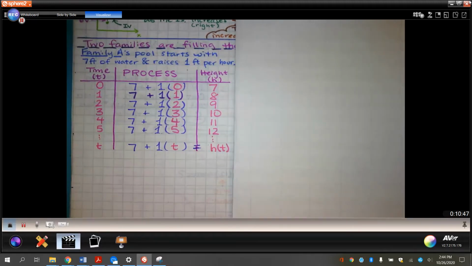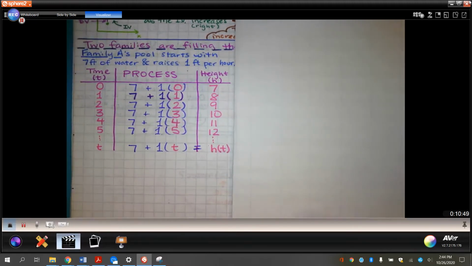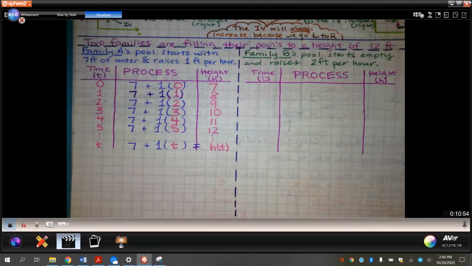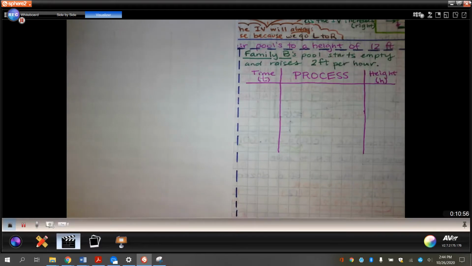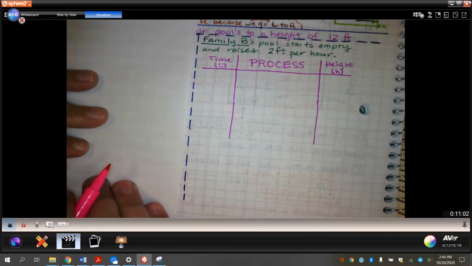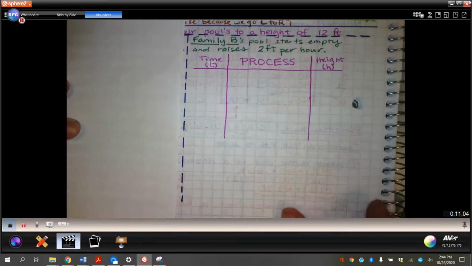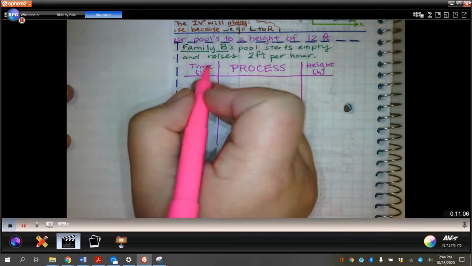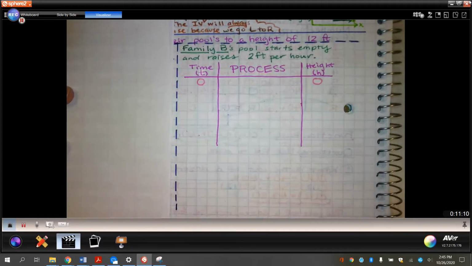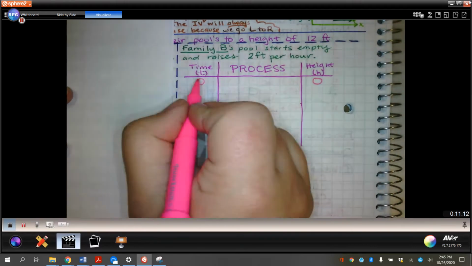Now let's do the same, but for the other family, family B. Family B's pool starts empty and rises 2 feet per hour. So at 0 time passing, it's empty. So that is 0 feet high. Okay? And then 1 hour passes, we add 2 feet to the height.